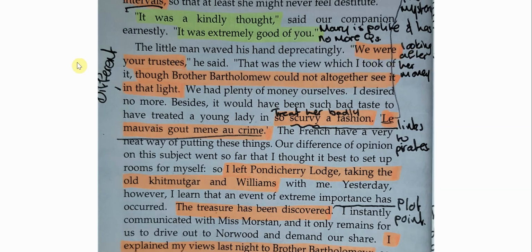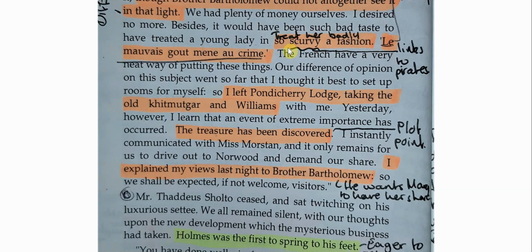Thaddeus's response, we were your trustees. So this shows that Thaddeus is kind and that Thaddeus wanted to give Mary Morstan the money. And he even makes a little reference here. He talks about if he didn't give her the money, he'd be treating her in so scurvy a fashion. This means to treat her badly, but at the same time, I think that has symbolism around piracy.